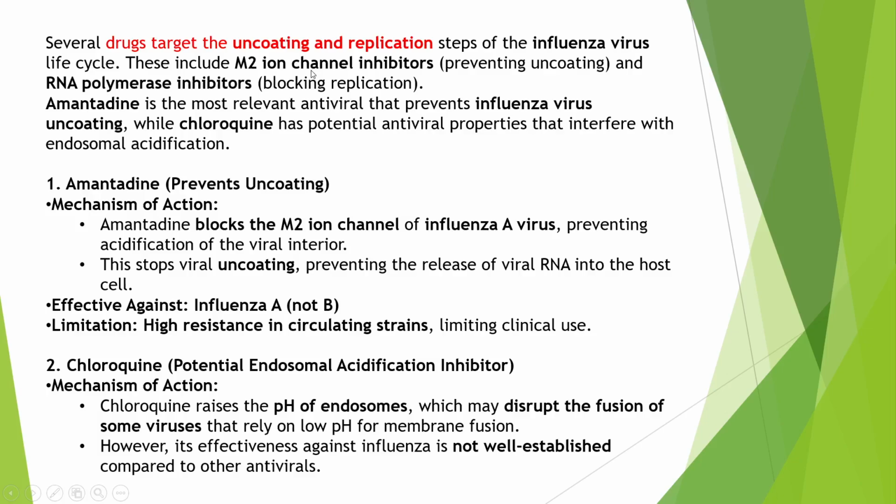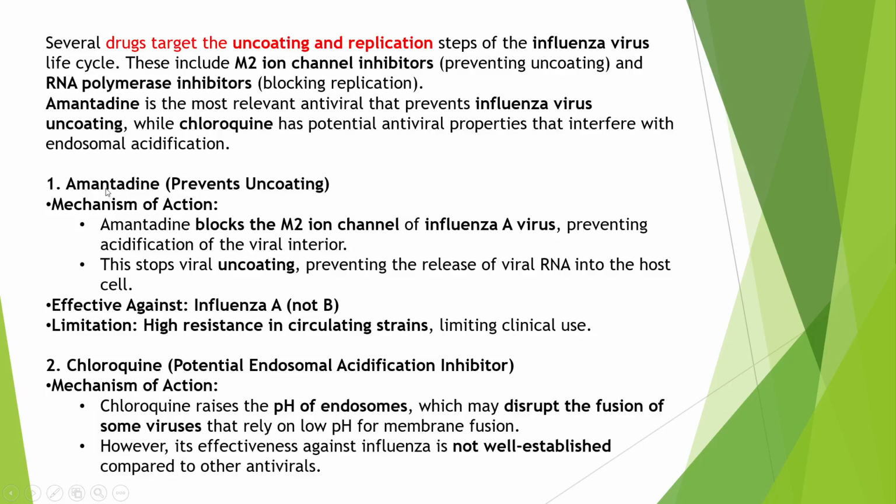These include the M2 ion channel inhibitors, which prevent the uncoating, and the RNA polymerase inhibitors, which block the replication. Amantadine is the most relevant antiviral drug that prevents influenza virus uncoating, while chloroquine has potential antiviral properties that interfere with the endosomal acidification.